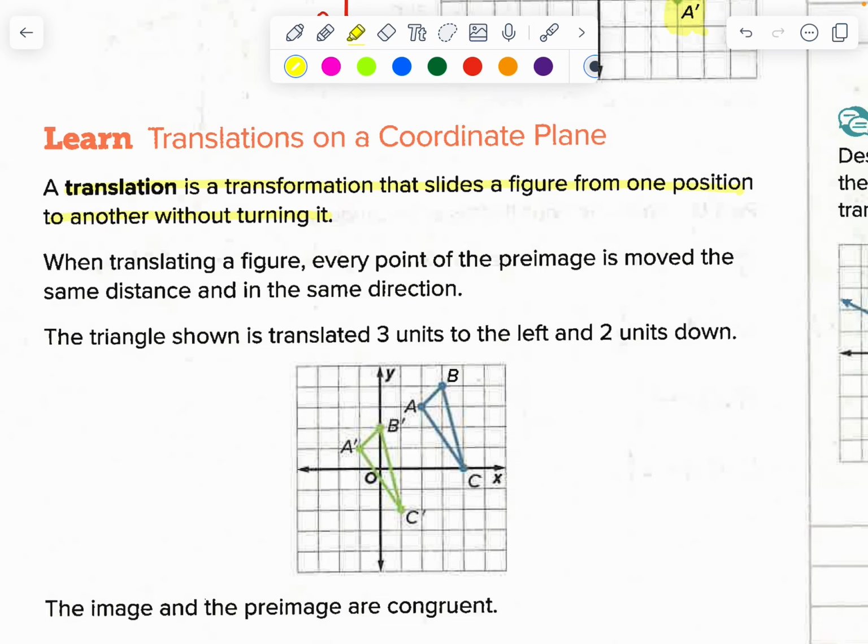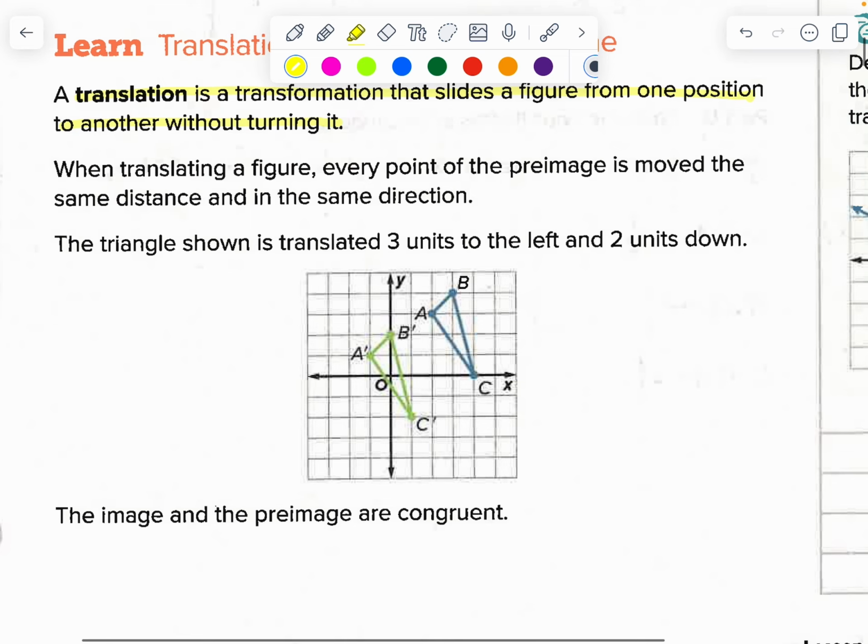When translating a figure, every point of the pre-image is moved the same distance and same direction. So this one right here translates 3 units to the left and 2 units down. So if I look at A, it went over 1, 2, 3, and it went down 2.